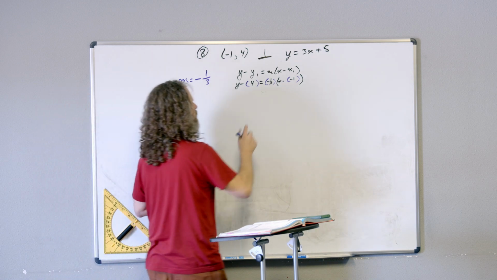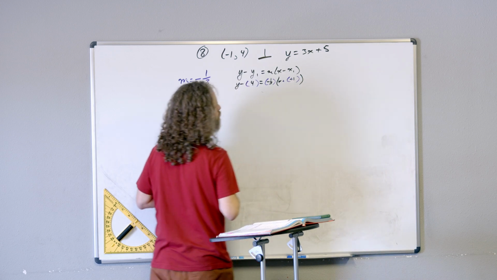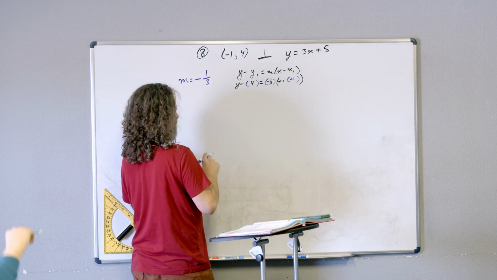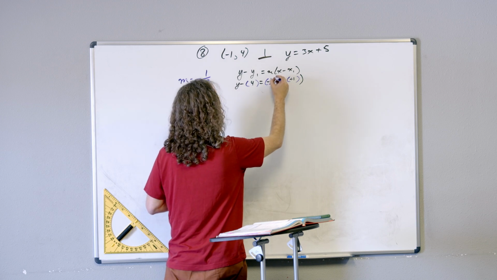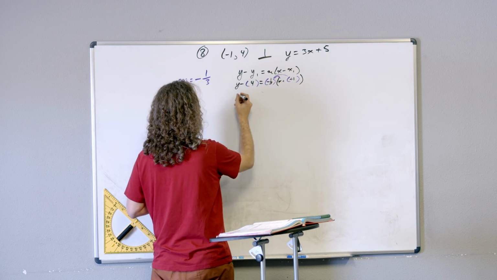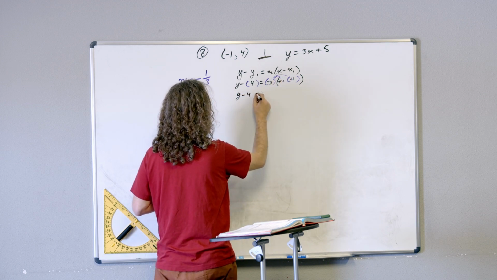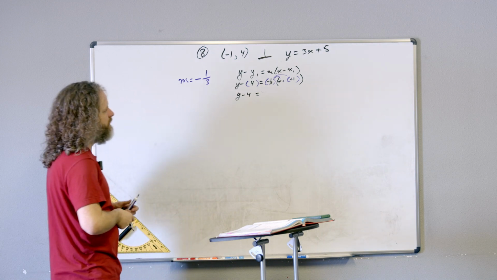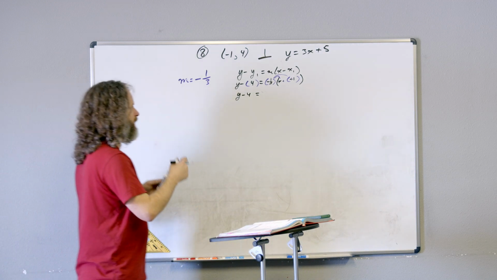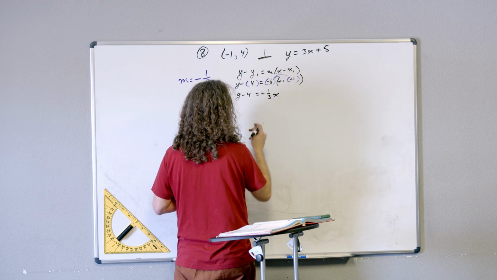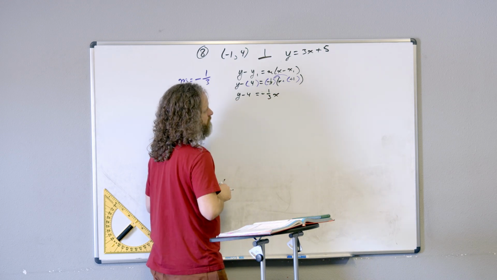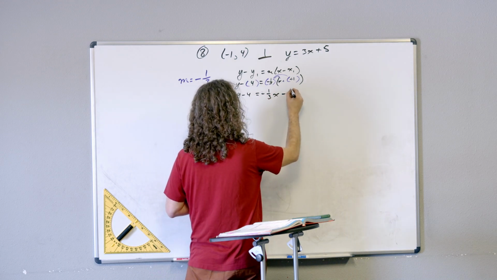We do the thing above. We get to distribute. y minus 4 equals, what's negative 1/3 times x? Negative 1/3 x. And negative 1/3 times 1? Negative 1/3.